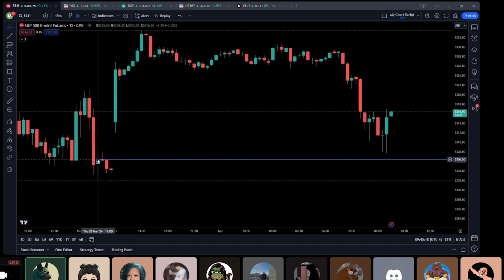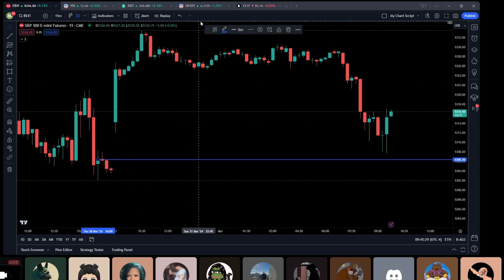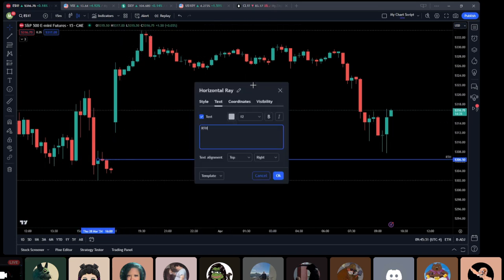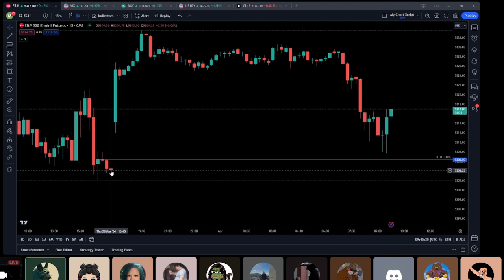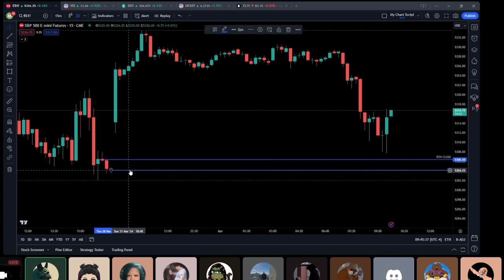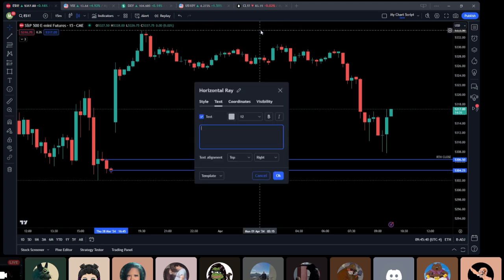The market closes at 4 p.m. Eastern Standard Time, but it actually trades for an extra hour all the way to 5 p.m. So this is RTH close. I'll just put that right in the notes. But the settlement is actually down here, a couple points. And we call that settlement close.